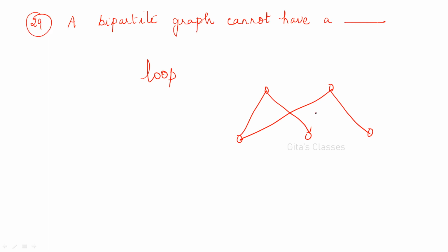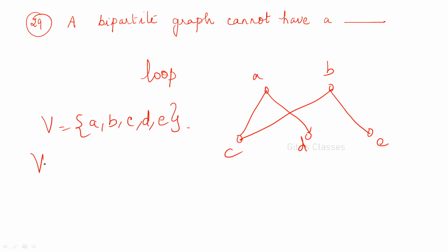Here you have V equal to A, B, C, D, E. If you can divide the vertex set as V1 equal to A, B and V2 equal to C, D, E, now any edge you consider joins one vertex from the first set and another vertex from the second set.